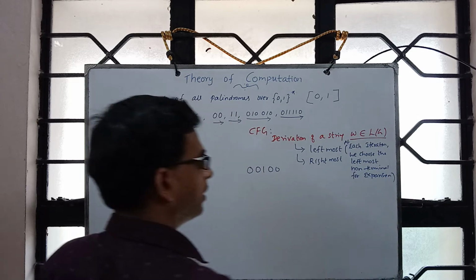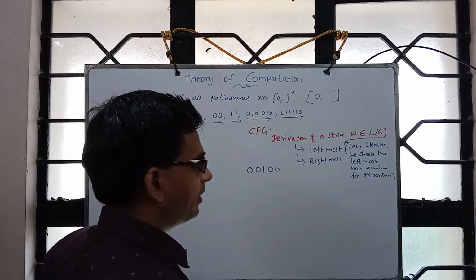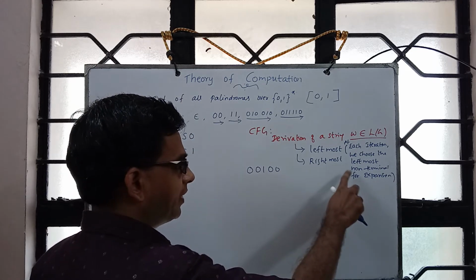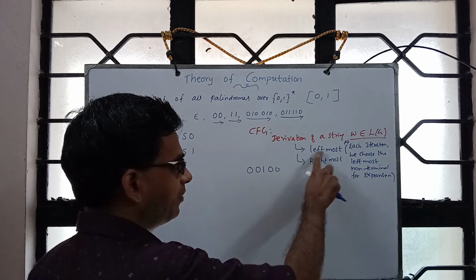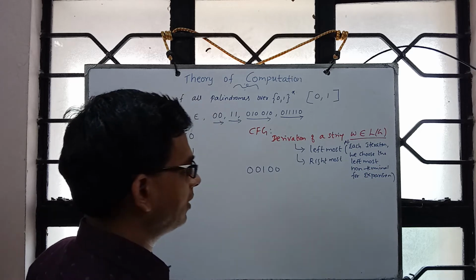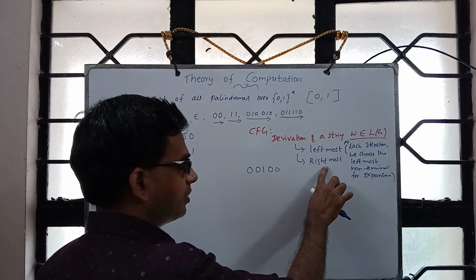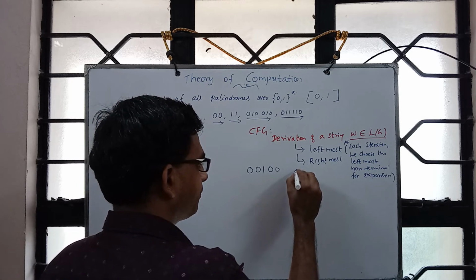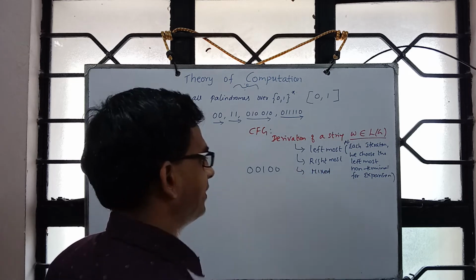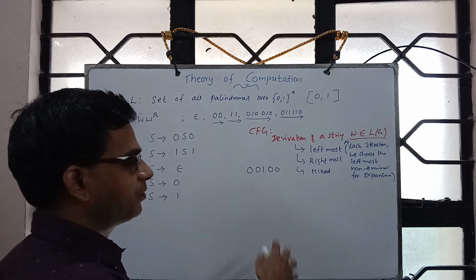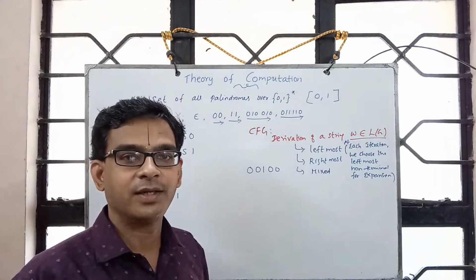So when you want to choose a non-terminal, suppose there are multiple non-terminals in the given expansion, we choose the leftmost one. At each iteration we choose the leftmost one, then what you get is the leftmost derivation. And if each time you choose the rightmost non-terminal, then you get rightmost. Or you kind of mix, that's called mixed derivation. Sometimes you choose the leftmost non-terminal, sometimes you choose the rightmost non-terminal, you end up getting a mixed derivation.